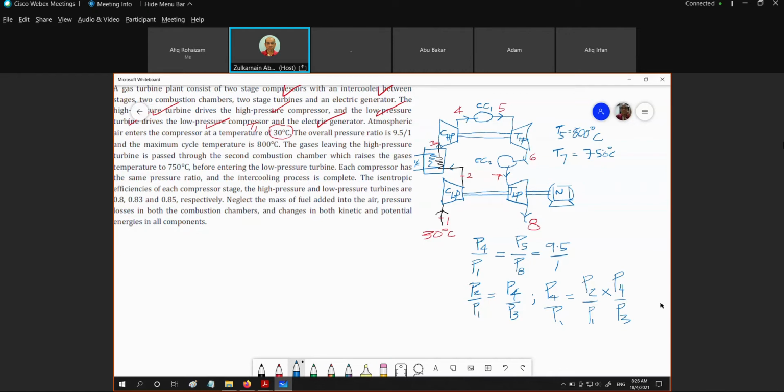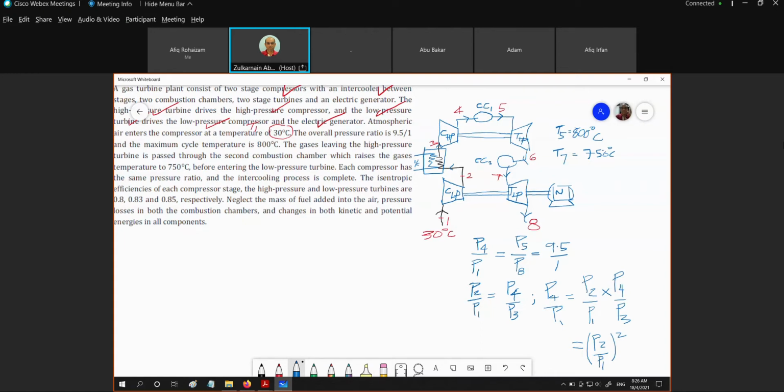And you know that P2 over P1 is equal, then we can write this as P2 over P1 squared. Okay, that is the extra information from the case of same pressure ratio.